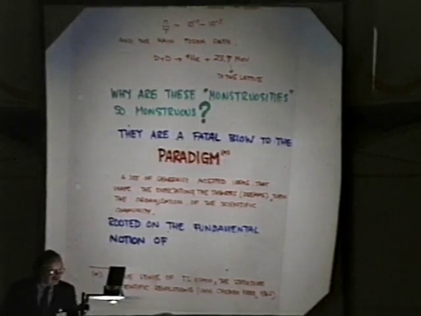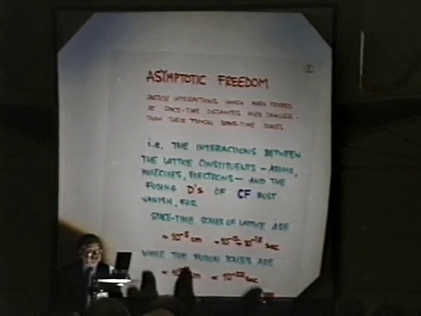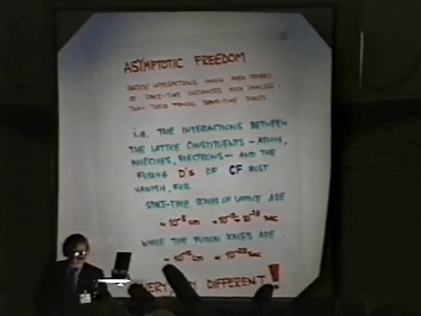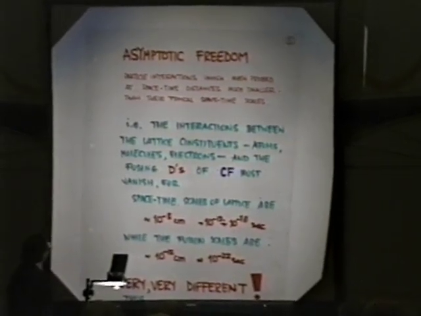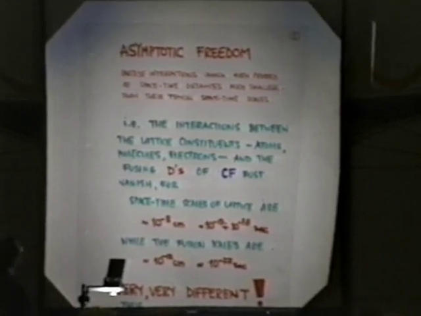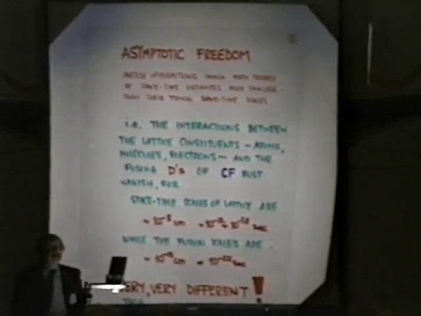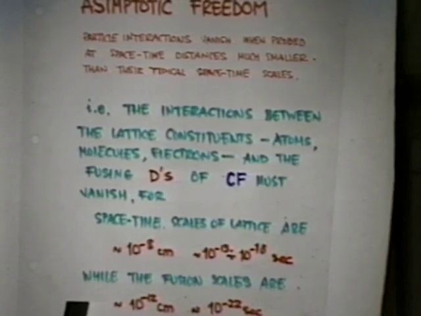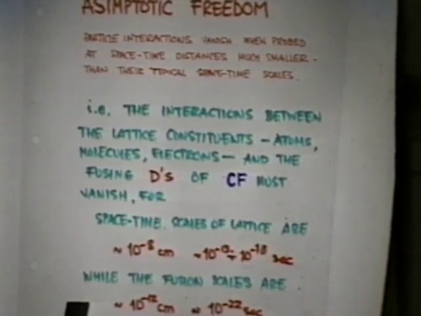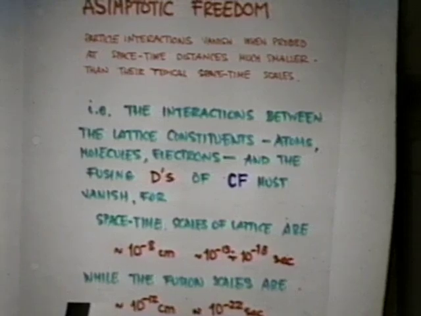And this paradigm is rooted in the fundamental notion, even if nobody says so, but actually it's a property of the theory behind the paradigm, of asymptotic freedom, which means that particle interactions vanish when probed at space-time distances which are much smaller than the typical space-time scale. In our particular case, we have a particle interaction at the nuclear scale, which is 6 orders of magnitude smaller than the scales of the lattice.